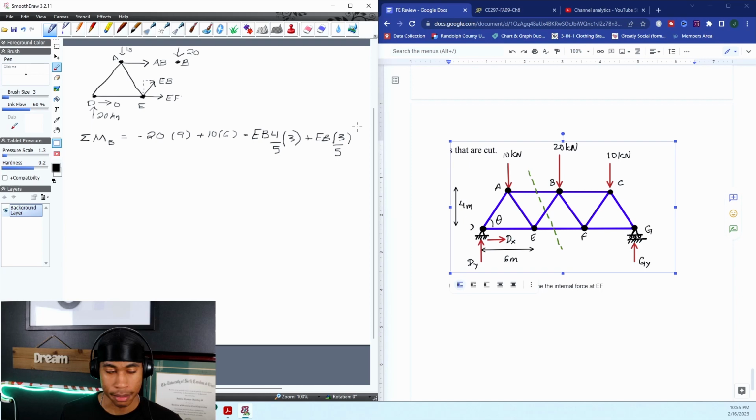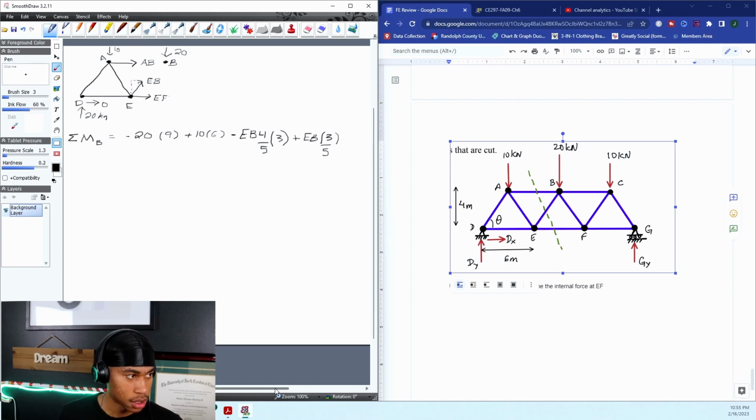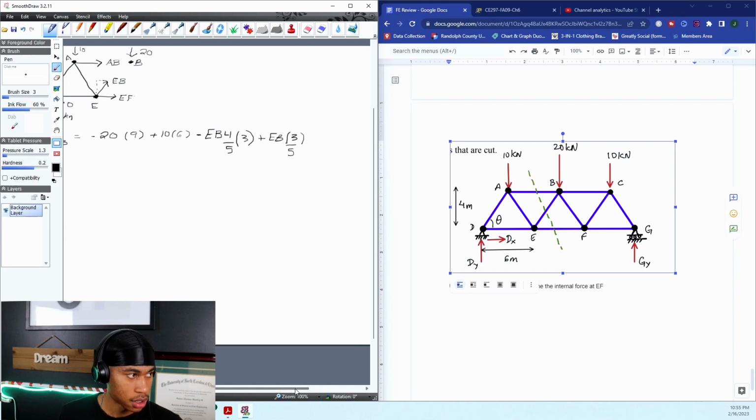And then we're going to multiply it by the distance. So if we have a horizontal force, what is the perpendicular distance to B? All right, it's just going to be 4.